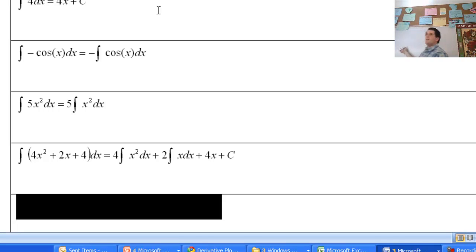Okay. Are we happy with this so far? True or false? Or legit or not legit? The 4x squared integral you see here and the first term over here are equivalent? Yeah. They are, because you can pull the 4 out. All right, the next one, same story, right?